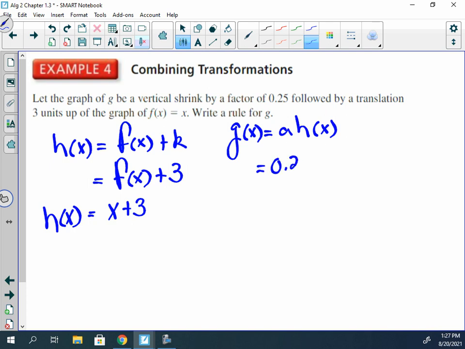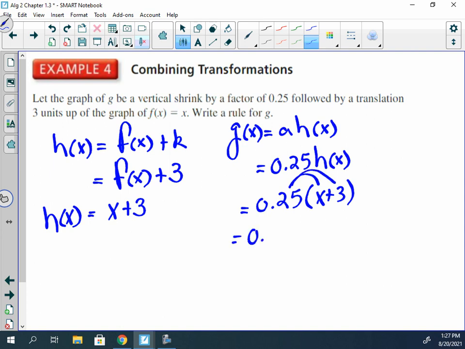And our a is 0.25 times h of x. Well, and again, just like we did earlier, we can replace h of x with x plus 3, because that's what it is. And now we need to distribute. Equals 0.25x. And that's what we had when we did it the other way, yes?